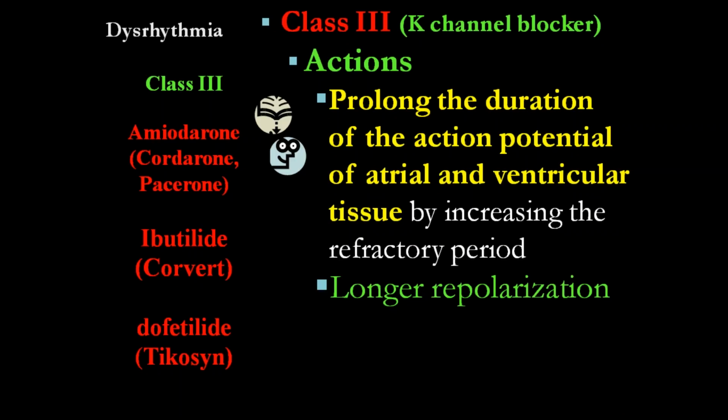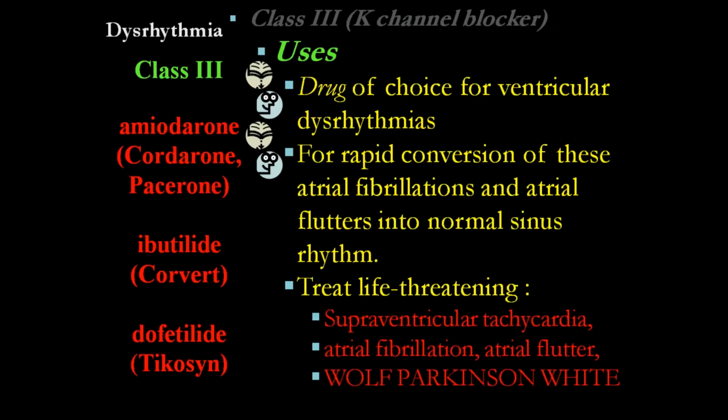It means that if you are in the repolarization, the relaxation, and you send another stimulus, the cells will not contract because they need to finish the relaxation first. So they are going to have a longer repolarization, a longer period of relaxation.